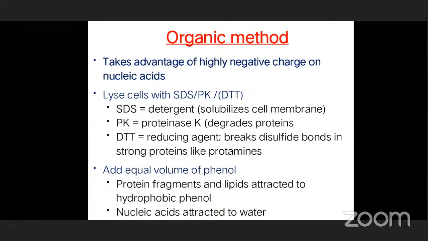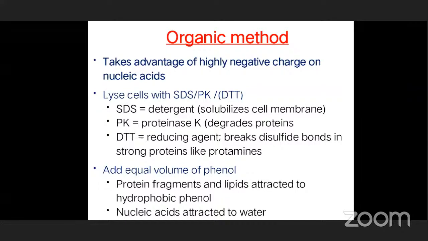Then the next chemical is PK, meaning proteinase K. This enzyme is used for the removal of proteins. Also RNase A is used for the removal of RNA. Then next is DTT. It acts as a reducing agent. It breaks the disulfide bonds in strong proteins. These chemicals are used to lyse cells: SDS, PK, and DTT.